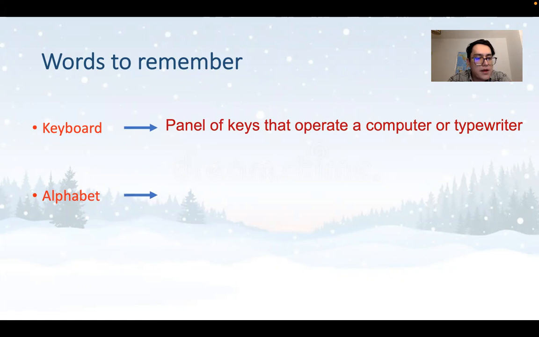Alphabet. I think by now you should know what an alphabet is. A, B, C, and so on. So capital letters A, B, C, D, and so on, and also the lowercase of the alphabet.